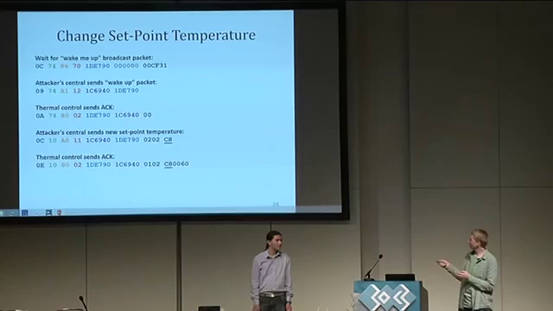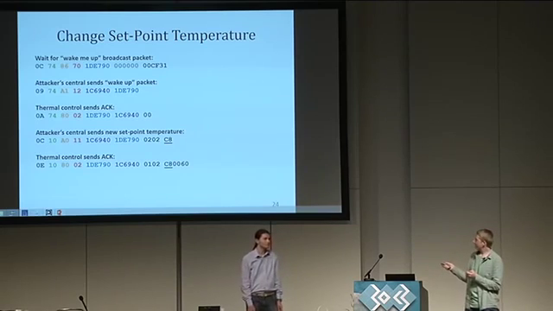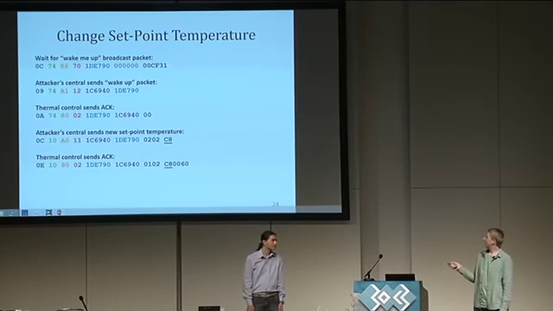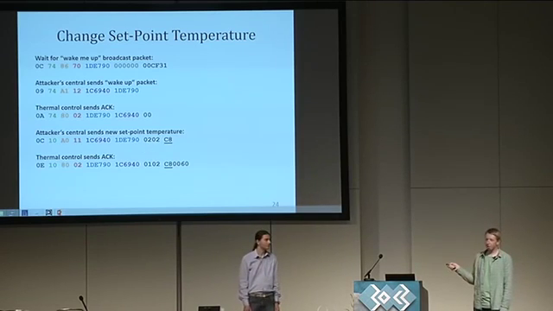There will be a little more packets than you saw in the last example. This is the wake me up packet, and in response to the wake me up packet, HomeGear will send a wake up packet. The thermal control will send an acknowledge, and then HomeGear will send the new set point temperature in this packet, encoded in the last payload byte, C8 being 100.0 or the special value always on.